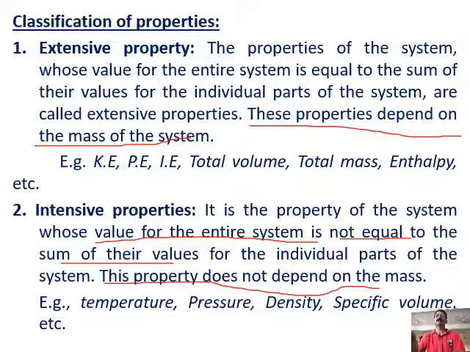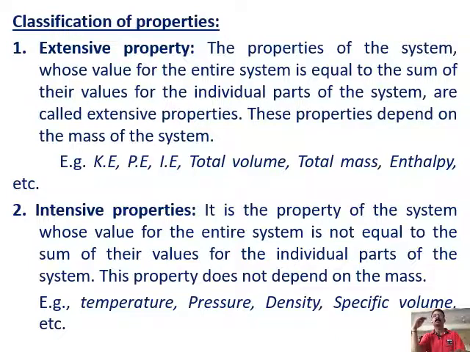So just imagine that same example where I have drawn a system and split it into individual parts. Now if you want to know the temperature of the system, do you measure the temperature at each of these compartments and add them? No. If you measure the temperature at one compartment, all other compartments are also at the same temperature, because you just imagined or split it into imaginary parts. So you need not add the temperature. Similarly the pressure, density, specific volume, they will be the same at every compartment.